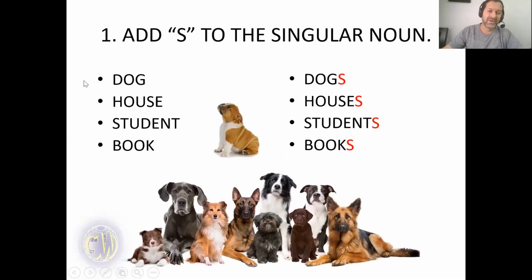Well, let's talk about rule number one. It says add s to the singular noun. It's extremely easy, so let me show you here how it works. For dog, you're going to have dogs. For house, you're going to have houses. Student, students. Book, books.